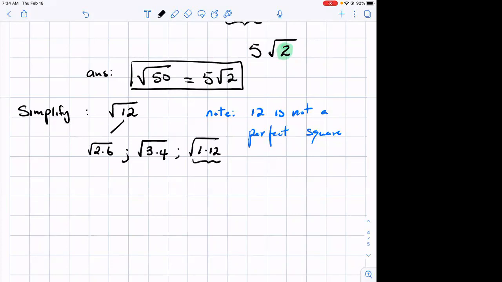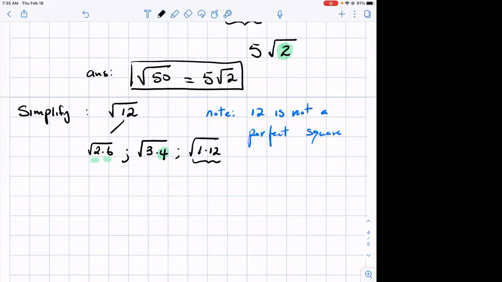This is an option that you should not really take for any simplification. But if you notice, here 4 is a perfect square, okay? In the other scenario, none of these numbers here are perfect squares.